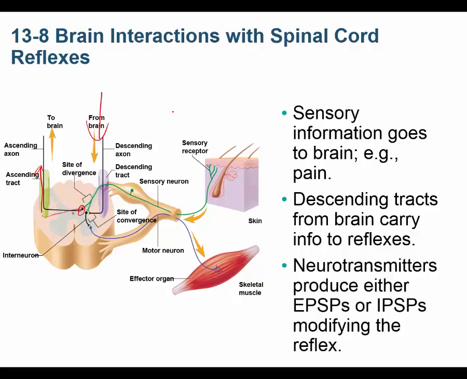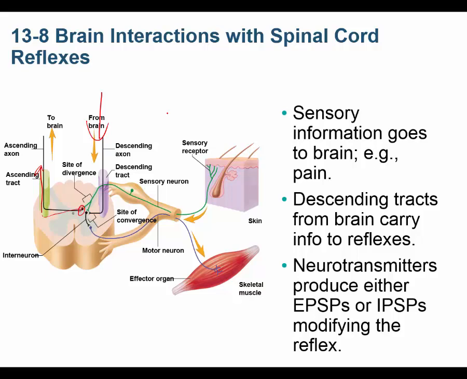For example, and I think the book had this example, if you were walking a tightrope across the Grand Canyon and a bee stung you, you would override your reflexive movement to slap that bee, kill it, or maybe jerk away from it. And why would you override that reflex?